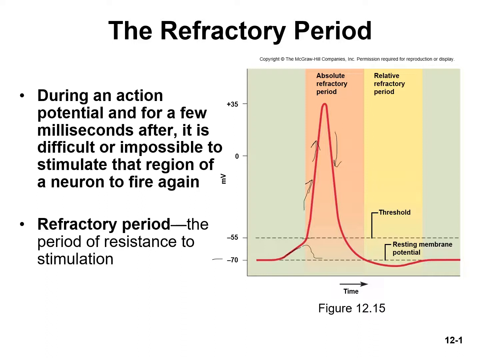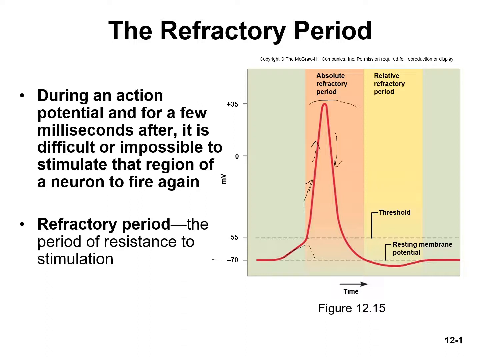So the absolute refractory period is essentially the period of time during which no strength of stimulus can cause that region of the neuron to fire an action potential again. And you'll notice that this is the area basically in the immediate vicinity of when the action potential is occurring itself. So essentially what this means is you can't have overlapping action potentials in the same region of the same neuron at the same time.